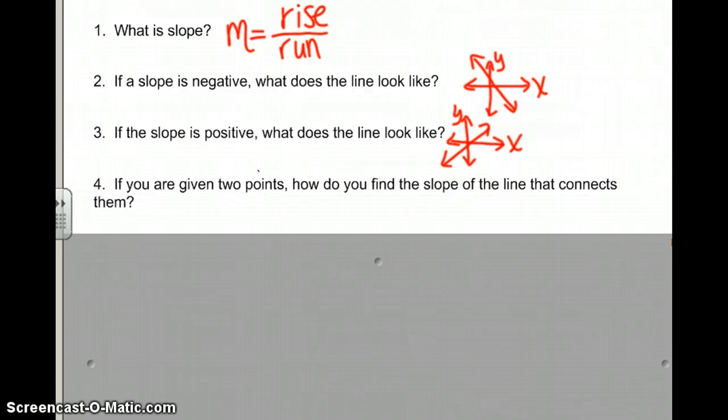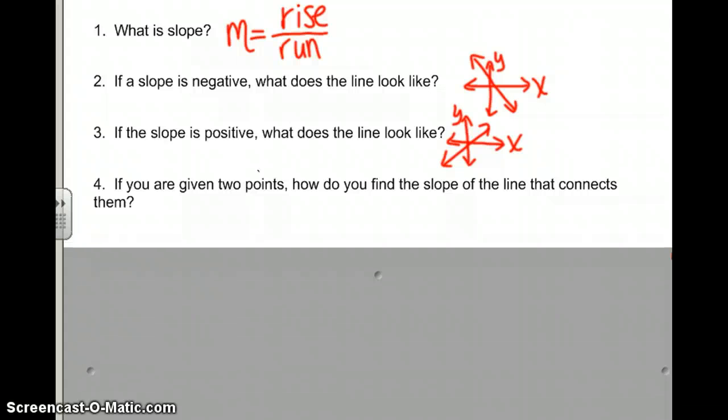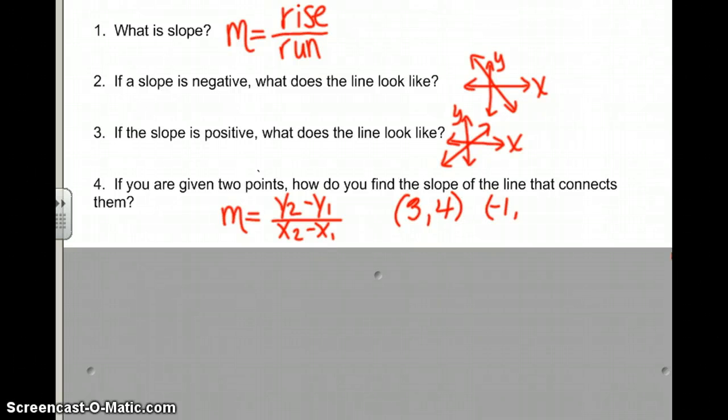We can also use slope in an equation form. So if you're given 2 points, you can find slope by using this mini equation where m equals y2 minus y1 over x2 minus x1. So basically, if you have 2 points, let's say our given points are, let's just make these up, (3, 4) and (-1, 0).